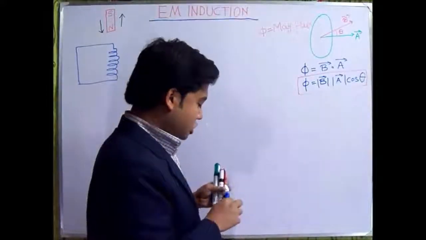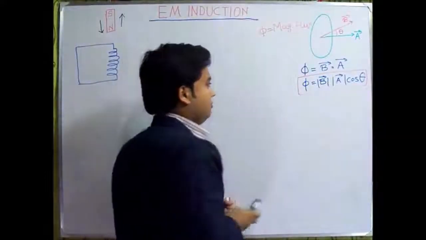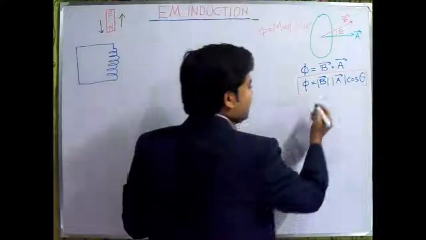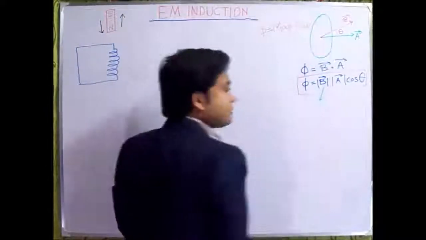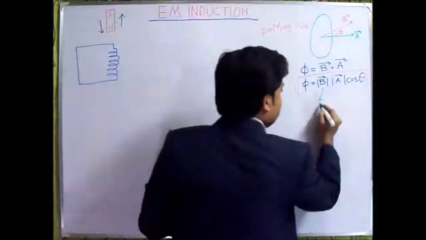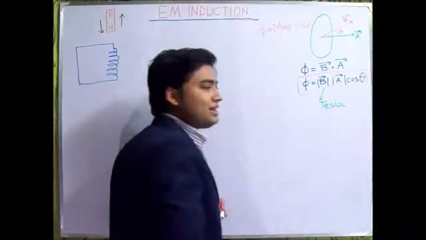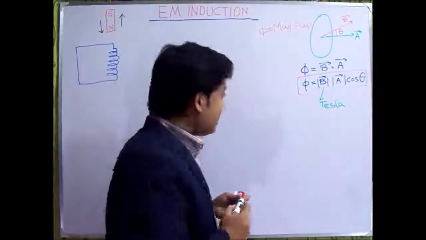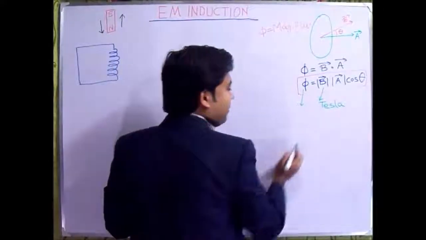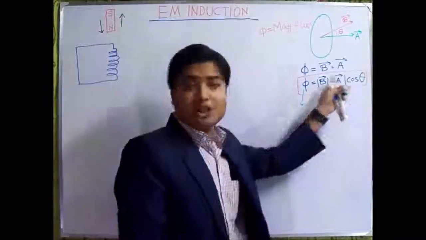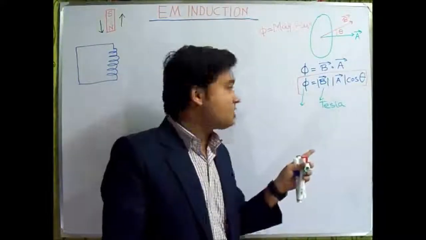we would like to know the SI units. The SI unit for B is Tesla, denoted by T. The SI unit of magnetic flux will be Tesla meter square, because area is always in meter square in SI units.